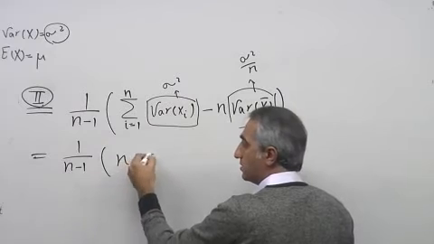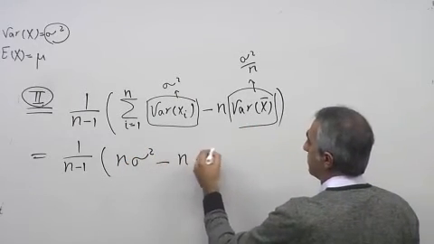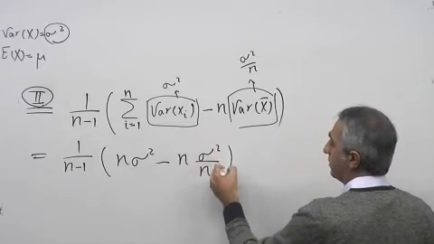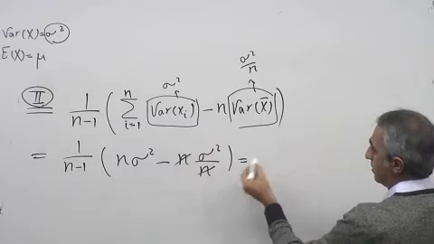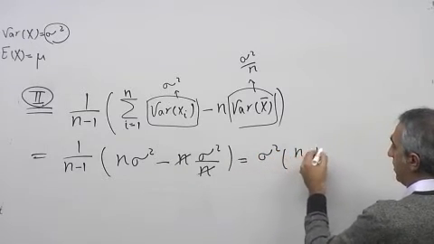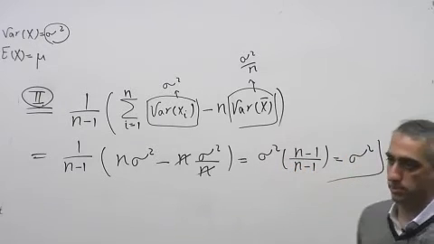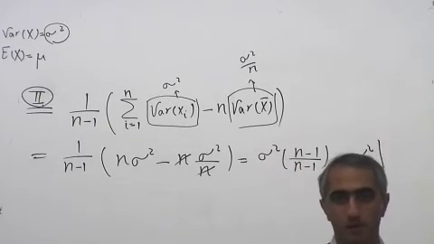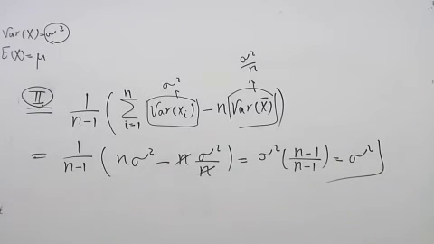It's n times sigma squared, minus n times sigma squared over n. I can cancel out these two. I factorize sigma squared, and I get this guy. Finally, I can show that this is basically an unbiased estimator of variance. Does it make sense?